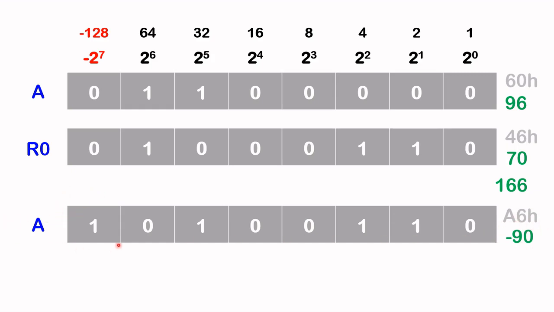Why? Because this bit here is negative 2 to the power of 7, which gives us negative 128. And so if you add negative 128 to 32 plus 4 plus 2, you will get minus 90.